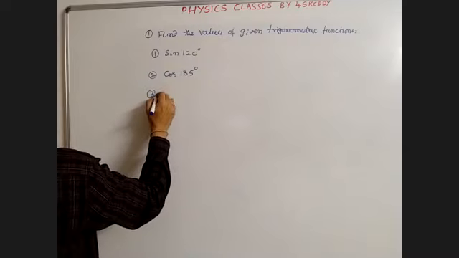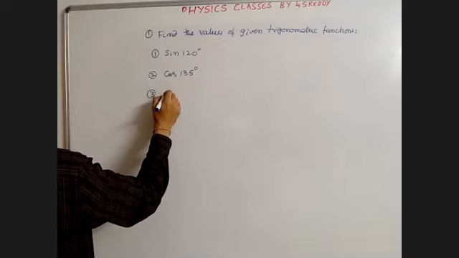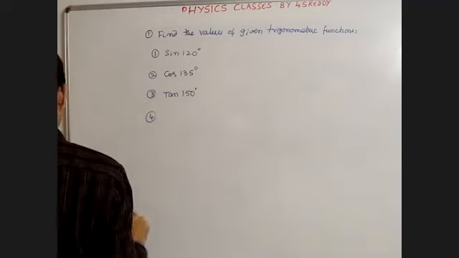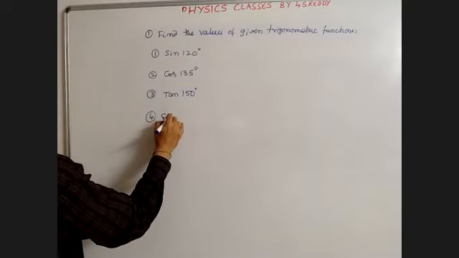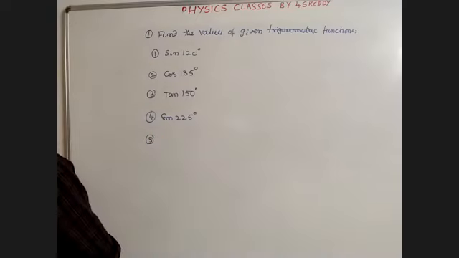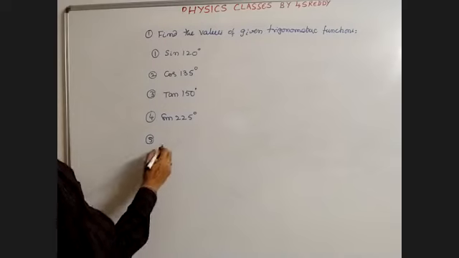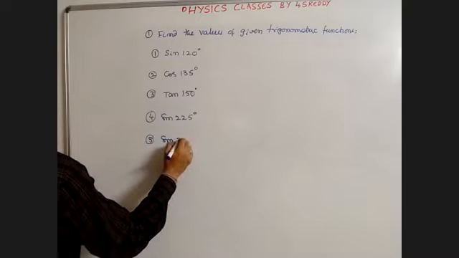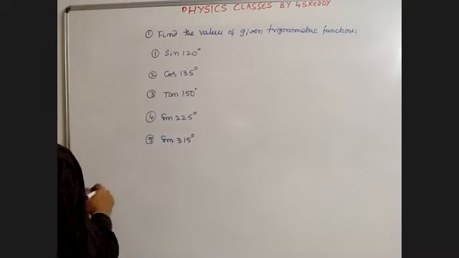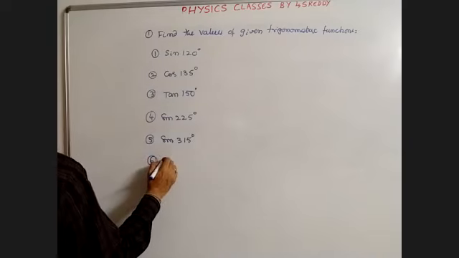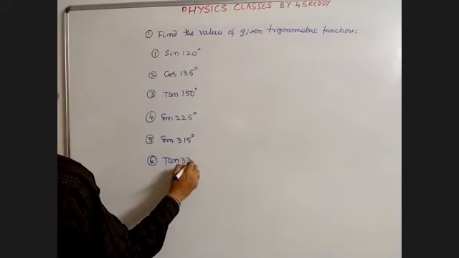Third one, tan 150 degrees, like just for convenience, you are writing sine 225 degrees, sine 765, sin 315, and tan 330 degrees.